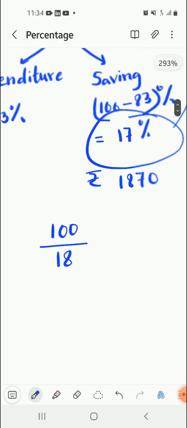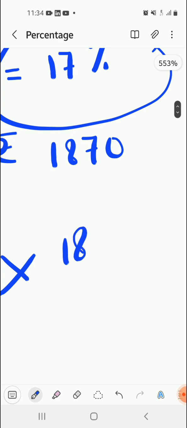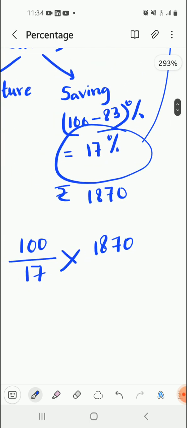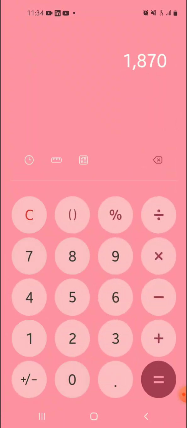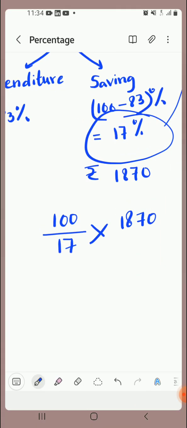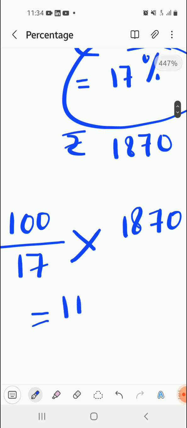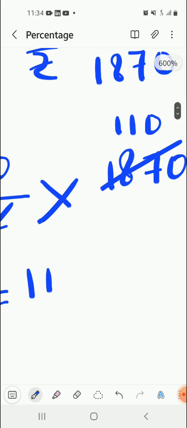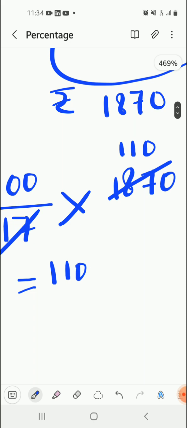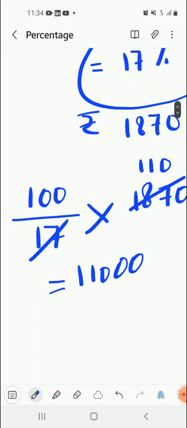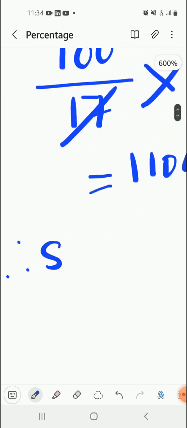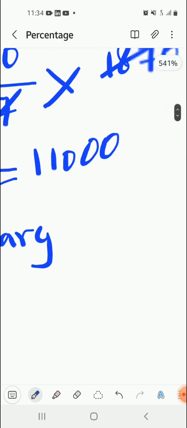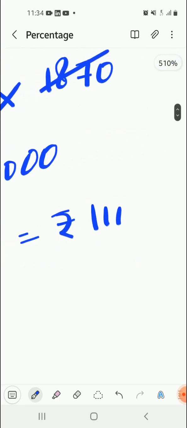We already know 17% of his salary is 1870. So now simply calculate 1870 divided by 17. We get 110 into 100. So 1 cancels out, we get 110, and then we have two zeros. So 11,000 is his salary. Therefore we can write salary is equal to rupees 11,000.